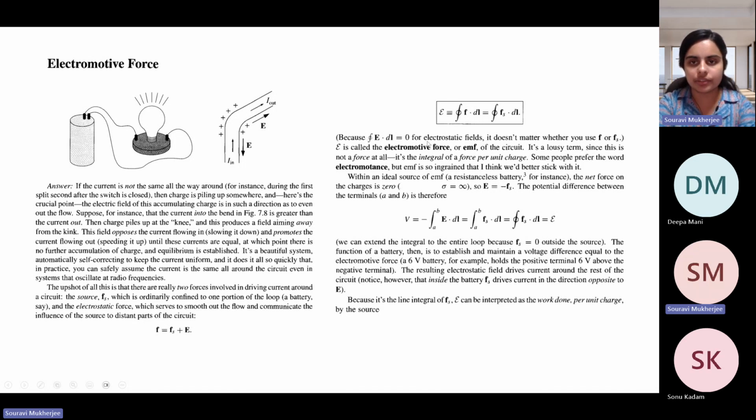And we already know that for electrostatic fields, which is the case here, the closed integral of E dot dl will be 0, right? That's already known to us. So when we do a line integral of F, we are actually doing a line integral of Fs. And if we consider an ideal source, then E should be equal to minus Fs, so that the net force on the charges is 0.